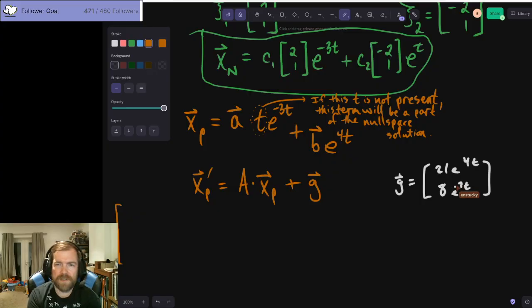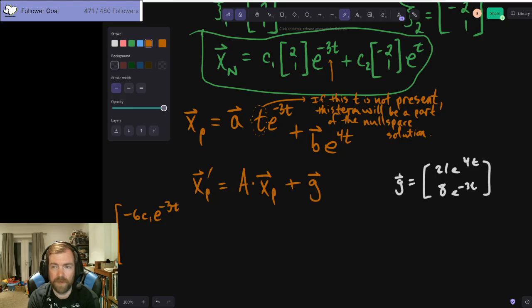All right, so left-hand side, we're going to take derivatives. Again, in this case, e to the negative 3t, easy enough to bring that down. So that's going to be a negative 3 times c1 times 2 up in the top row. So a negative 6 c1 e to the negative 3t.